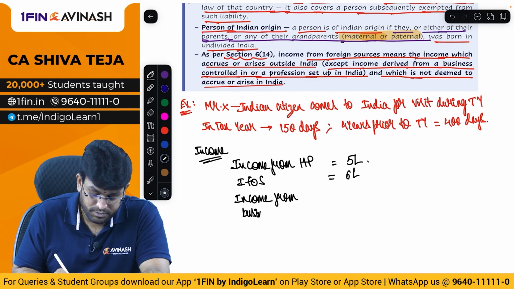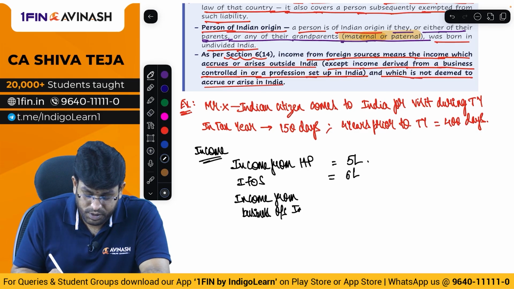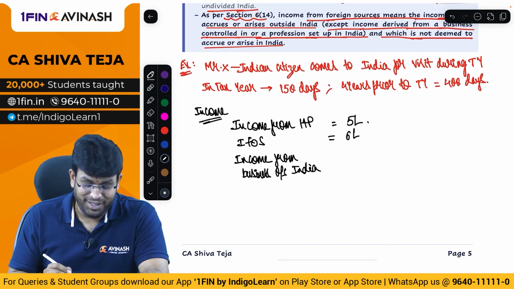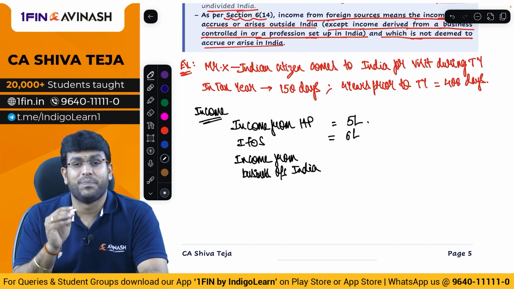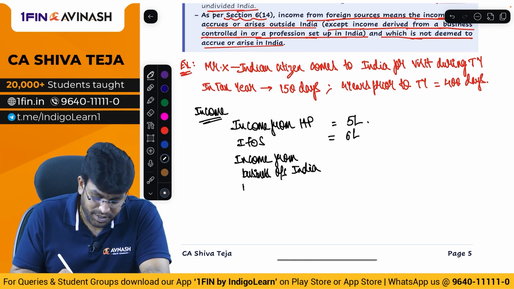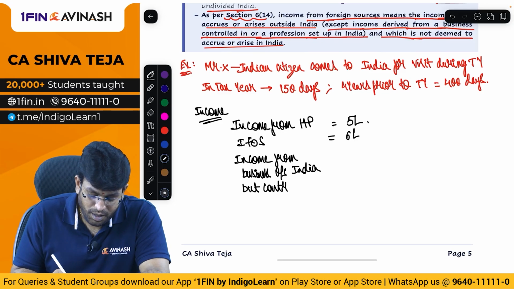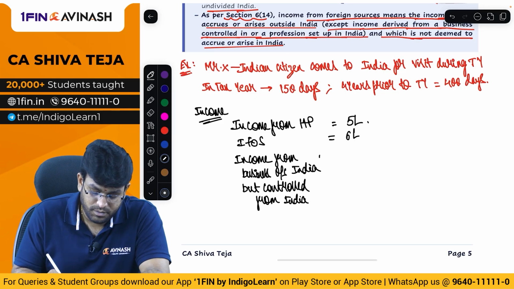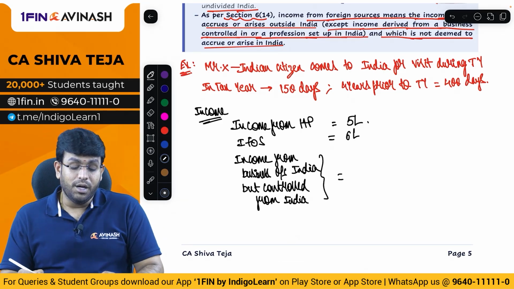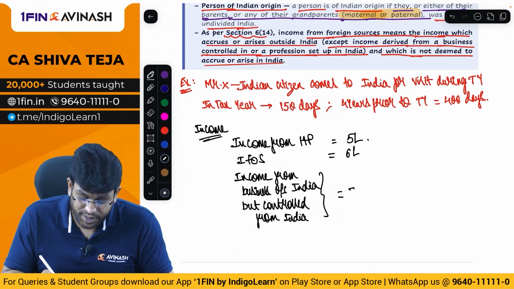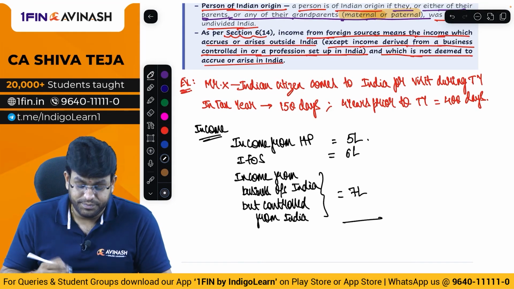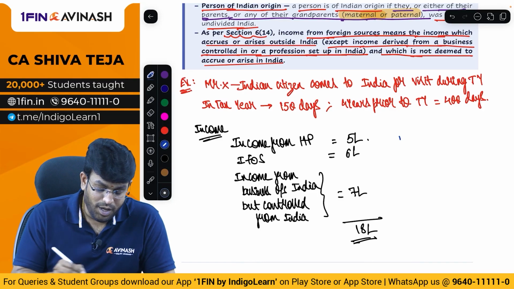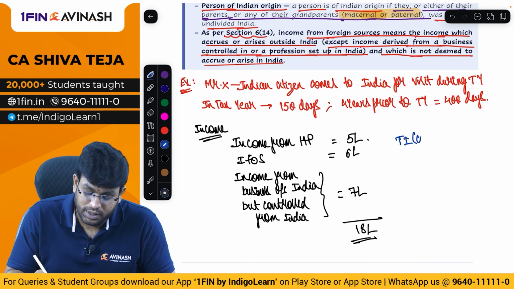Income from business outside India, but controlled from India. Business is outside India, but controlled from India. And this figure is, let us say, 7 lakh rupees. And total figure is 18 lakhs. Now tell me, what will be the total income?